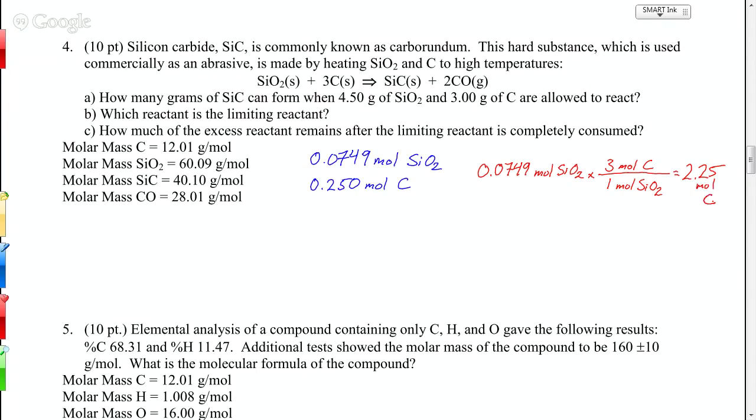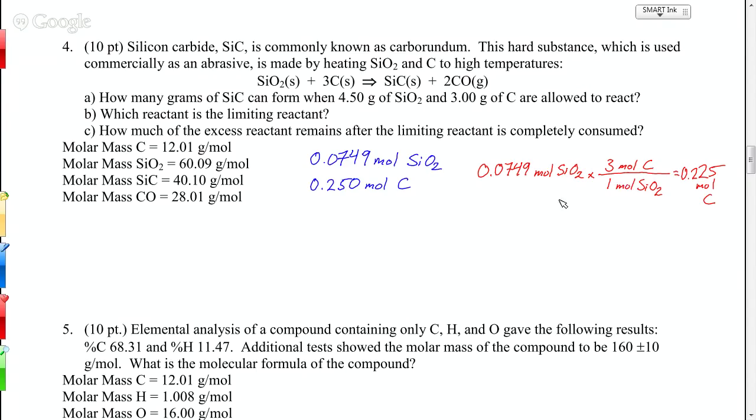That tells us that we need 0.225 moles of carbon. And how much do we actually have of carbon? We actually have 0.250 moles. So does that represent an excess, or less than what we need? It's an excess, then. It's more than what we need.